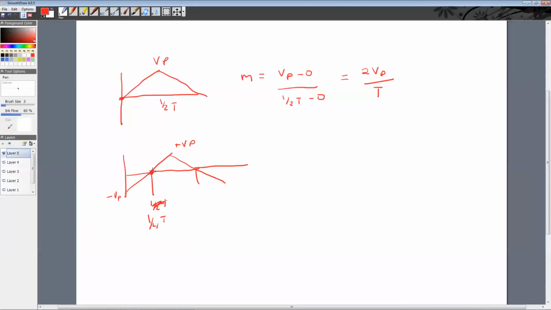So you can do it from here to here to here or here to here. But what is the rise? You're going from, in this case, 0 minus Vp. What is the run? 1/4 t minus 0, which would equal 4 Vp over t. All right.